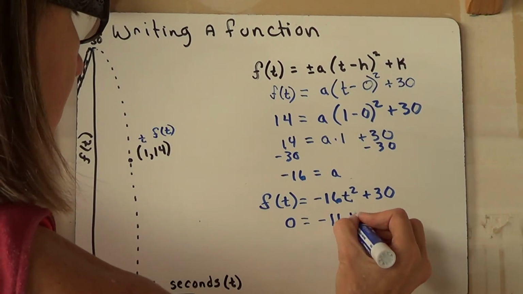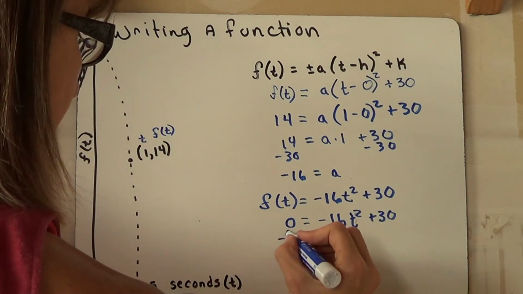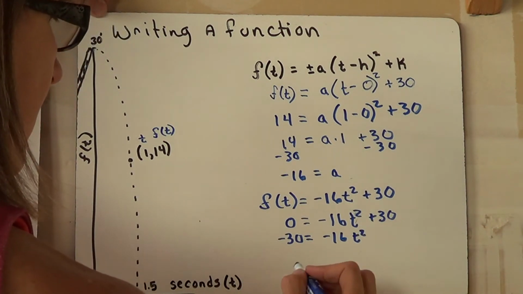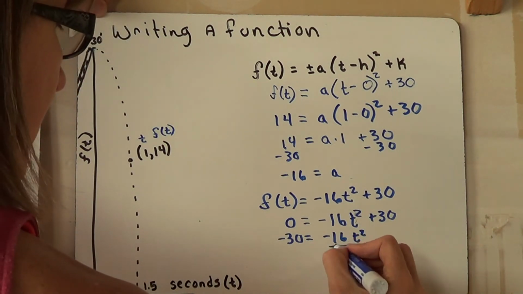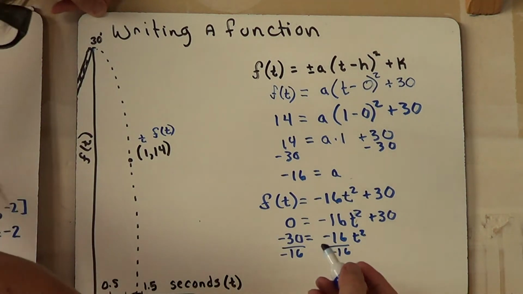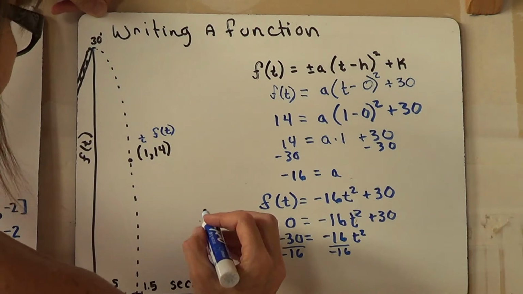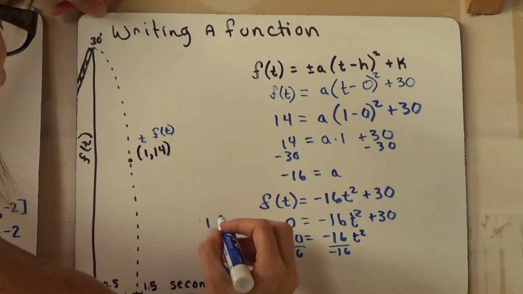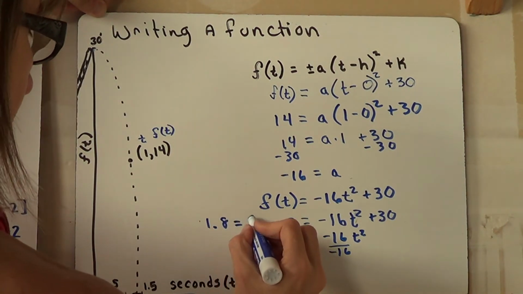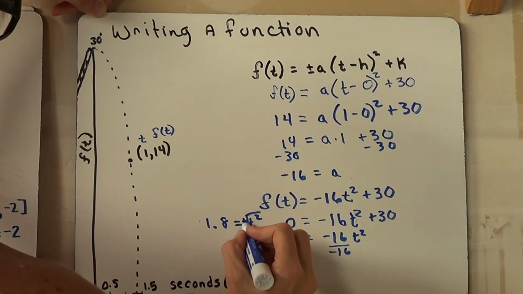Negative 16 t squared plus 30. We'll know how many seconds it hit in. Minus 30, so that's a negative 30 equals negative 16 t squared. Now we need to divide by negative 16. Negative 30 divided by negative 16, I don't have my calculator, 32 would be 2 seconds, so it's probably about 1.8 equals t squared.